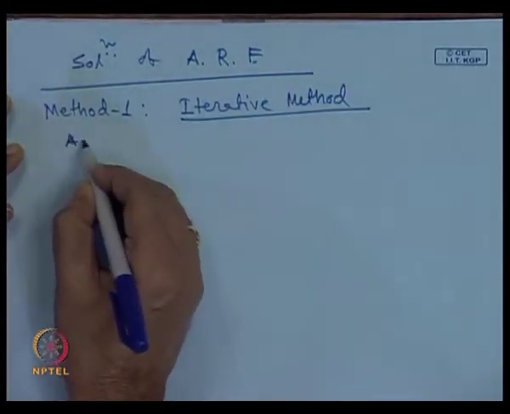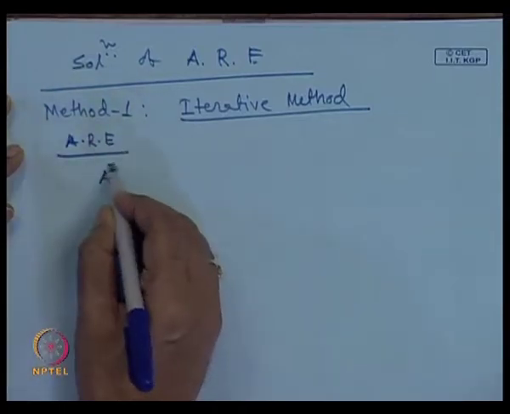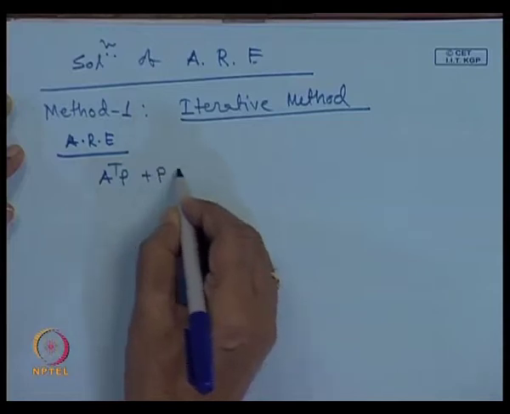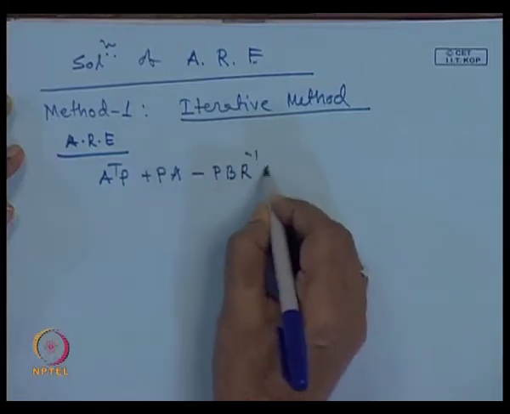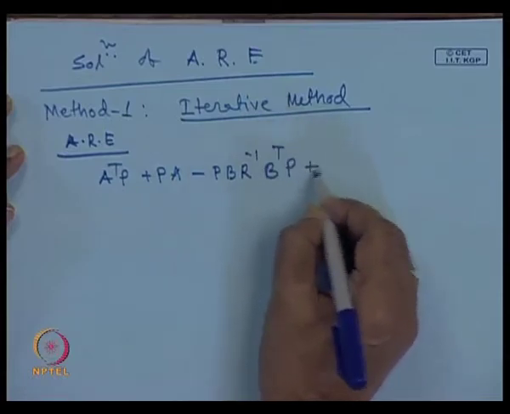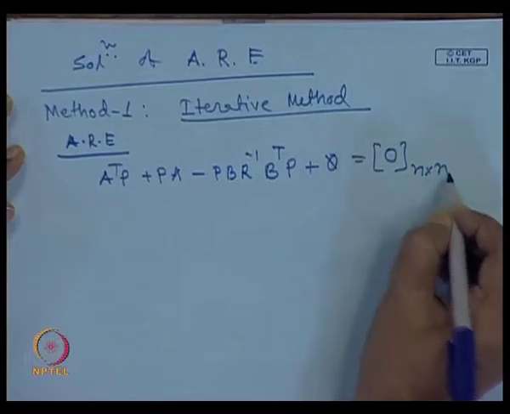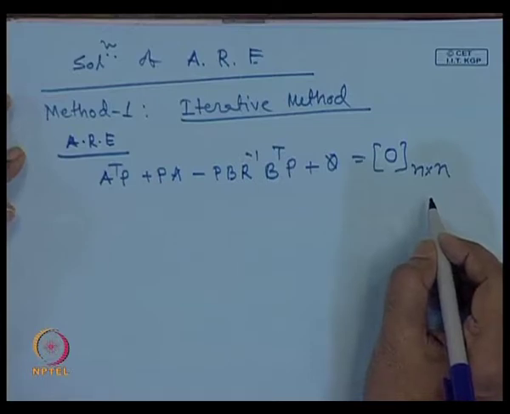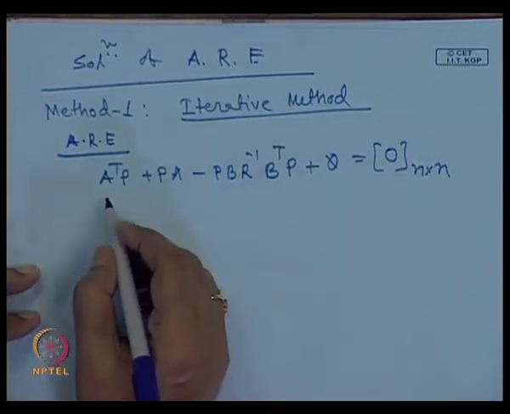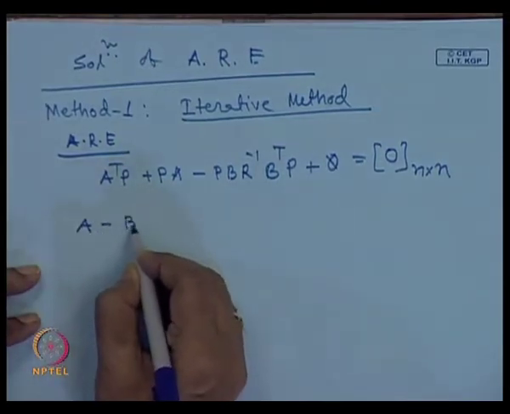So, what is our A.R.E. equation? A transpose P plus P A minus P B R inverse B transpose P plus Q is equal to null matrix of dimension n cross n, where n is the order of the system matrix or the number of states in the system. So, we can rewrite this into this form. Look carefully how I am writing this one.